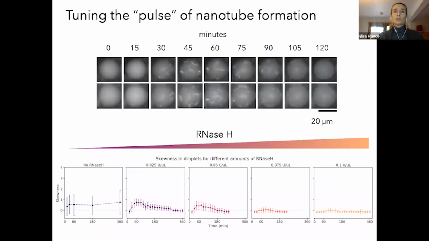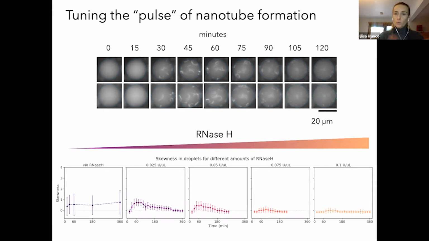And we also showed that, as in the bulk reaction, you can tune the pulse. You can tune how quickly the nanotubes form, and also how quickly they go away, and what is the mean length of the nanotubes. In this case, by tuning RNase H, but there are other parameters you could change. And so this is, in a way, a programmable behavior inside the compartment. So with that, I am almost done.